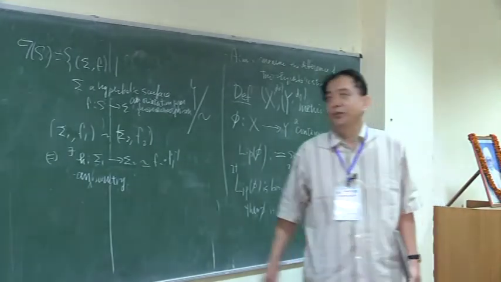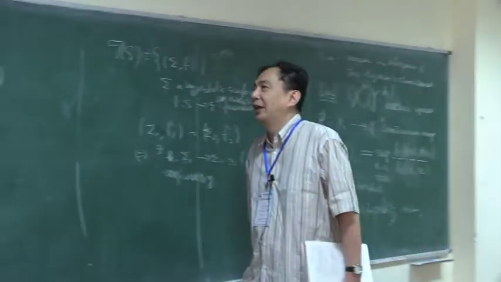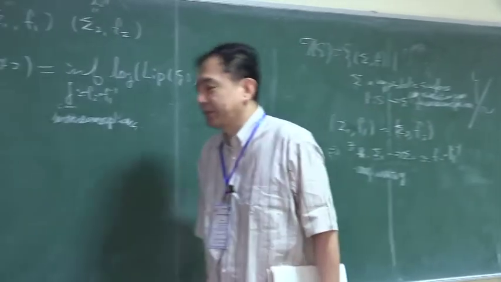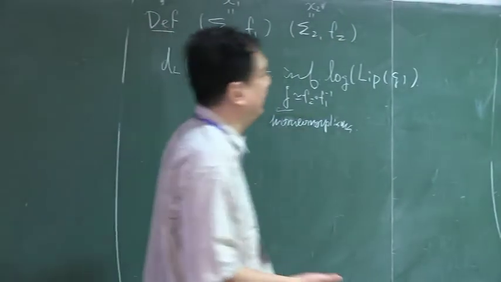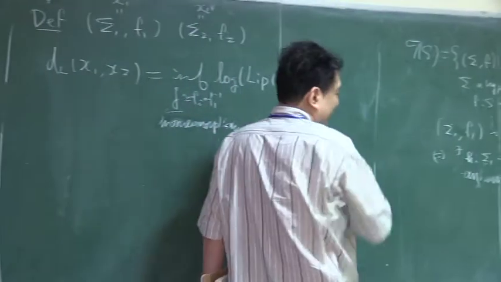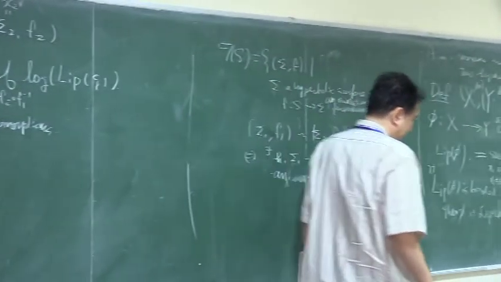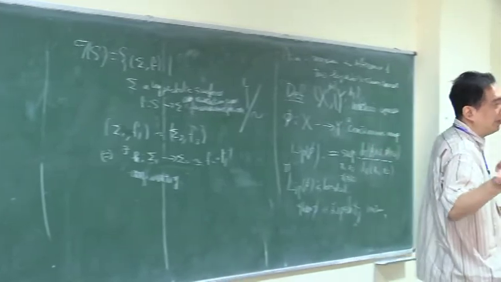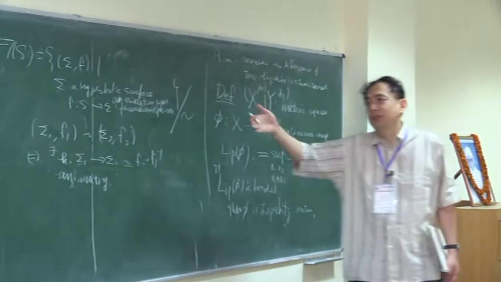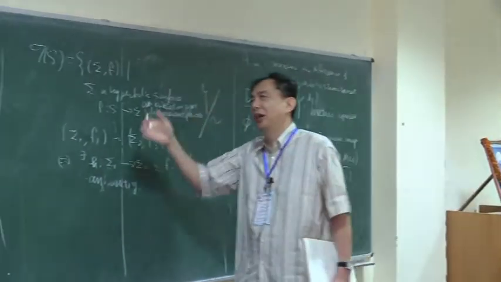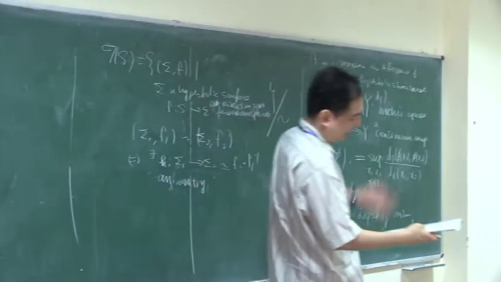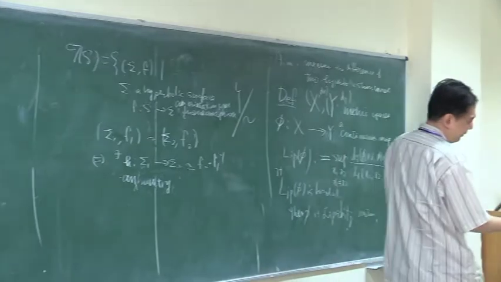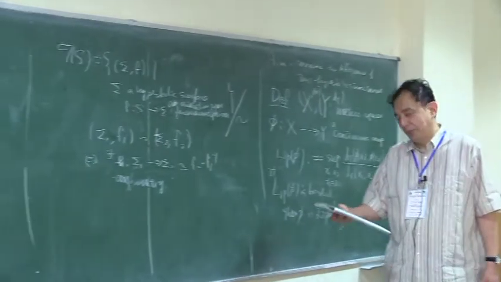This is just the infimum. It's a kind of theorem or lemma that this is achieved by some map, but as a definition, it's not assumed. They just take the infimum of the difference of the two hyperbolic structures.